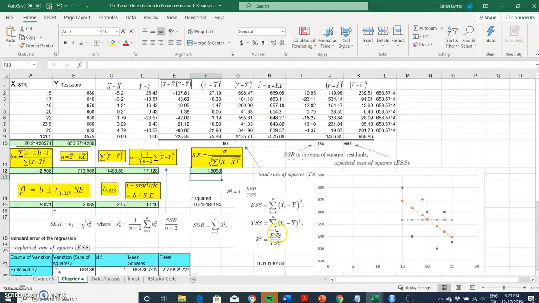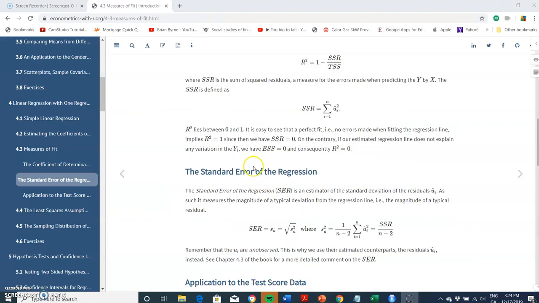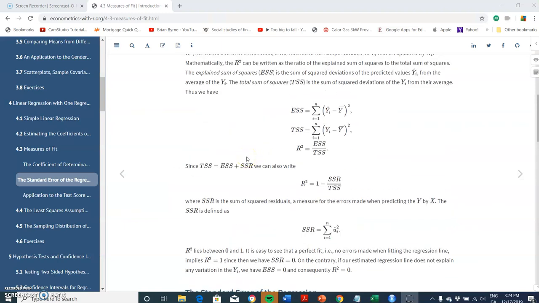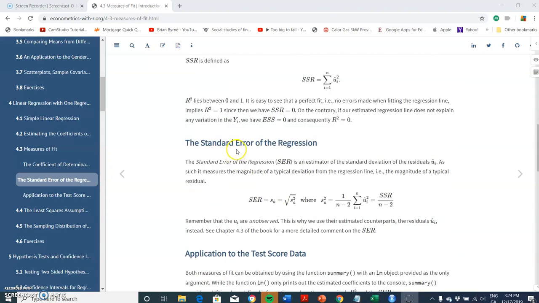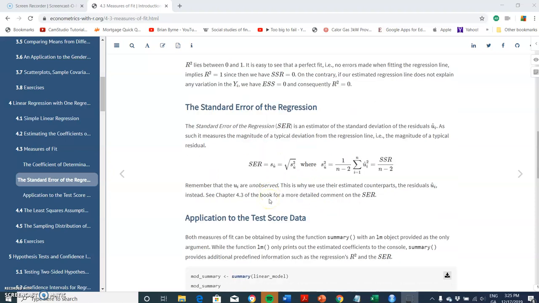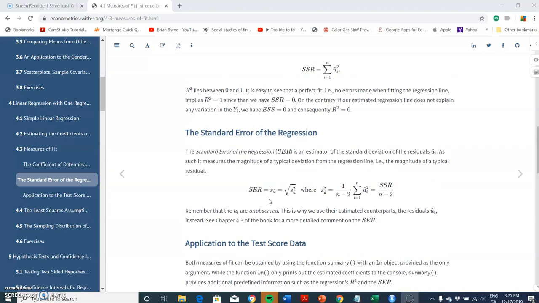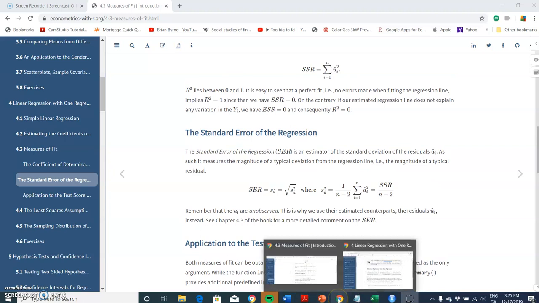Okay, so a set of outputs, if you like. We have the explained sum of the squares, the total sum of the squares. We obtained the r squared by taking the explained sum of the squares, dividing by total sum of the squares. And then we found the standard error of the regression, which we used then to generate confidence intervals around the coefficient on the student-teacher ratio.